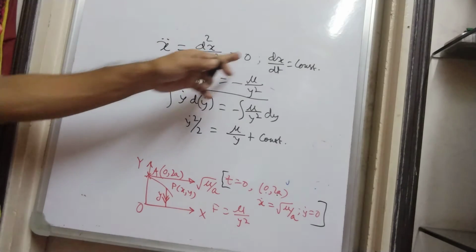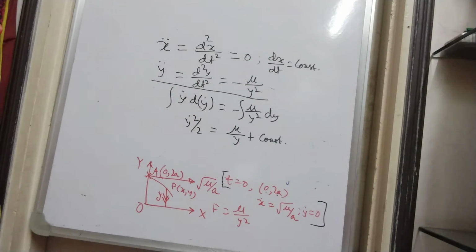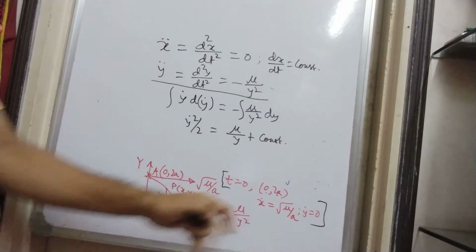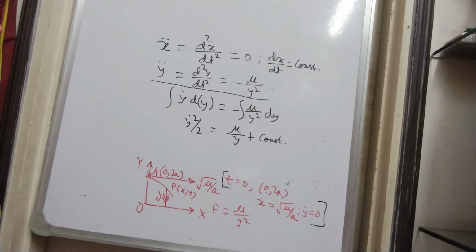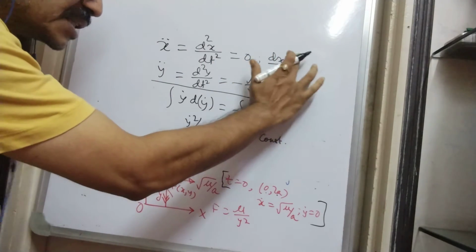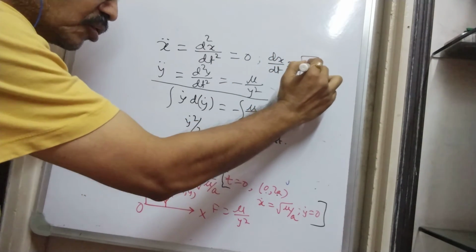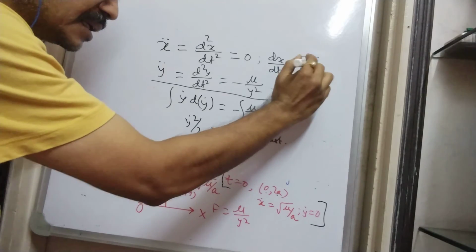Now x dot is constant, so the value of dx dt will be straight away root over mu by a, since this is constant, it is given. So we can write in place of this constant the value root over mu by a.